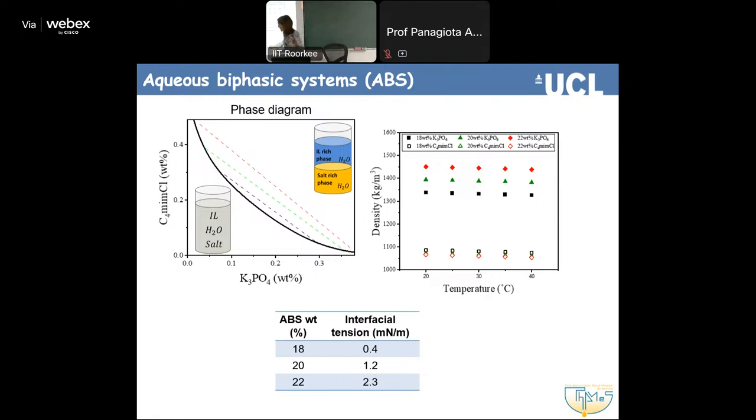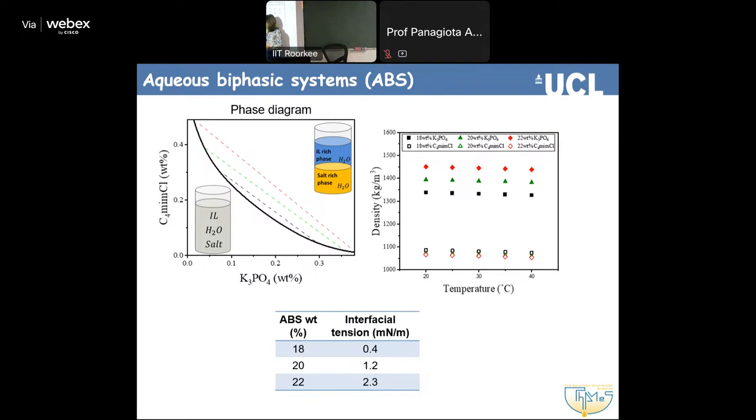One thing I wanted to say is that the results I'm going to show you are for three different concentrations of the salt and the ionic liquid. In what we did, you can do a lot of things, of course. The whole phase diagram can take some work to be done. Because we were more interested in the separations, we decided to use just three concentrations, the same for the salt and the ionic liquid.